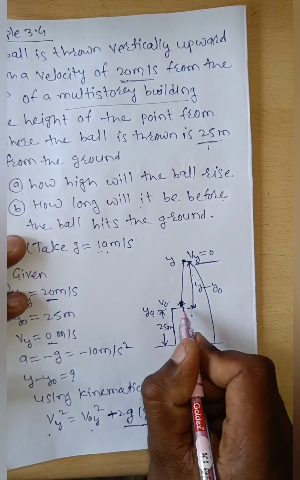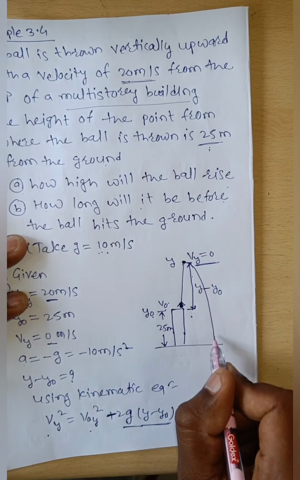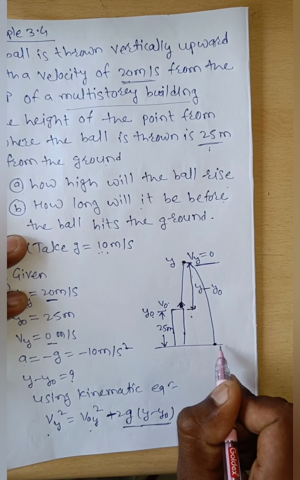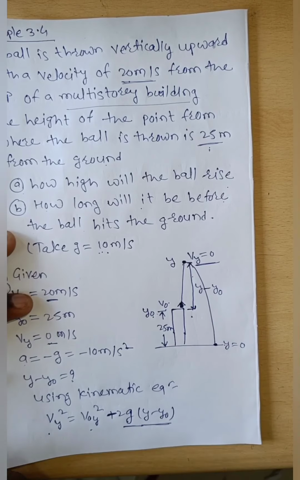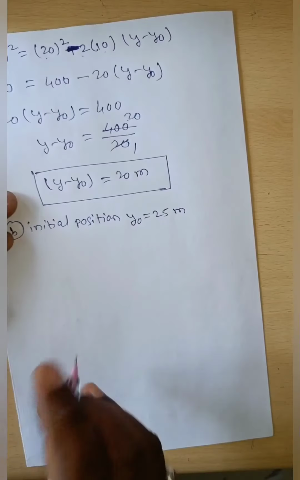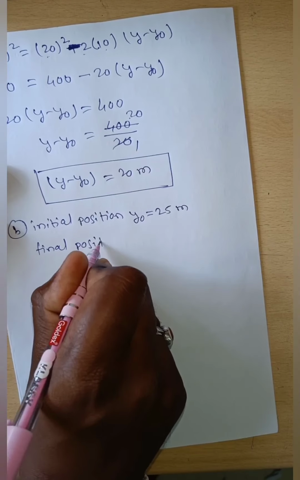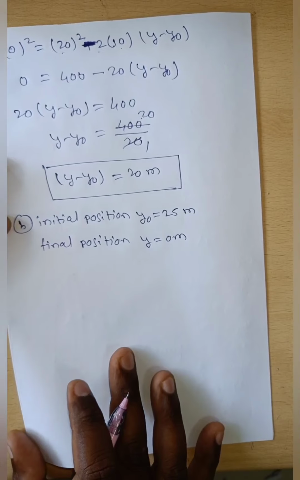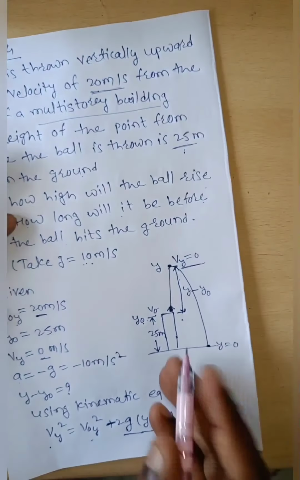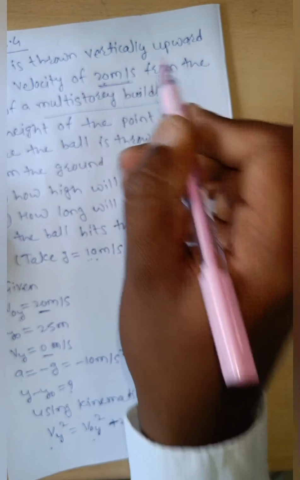Now during this process, when the ball is thrown up, it reaches the ground, therefore the final position y is equal to 0 meters. Then what is the initial velocity? The initial velocity v naught y is 20 meter per second.